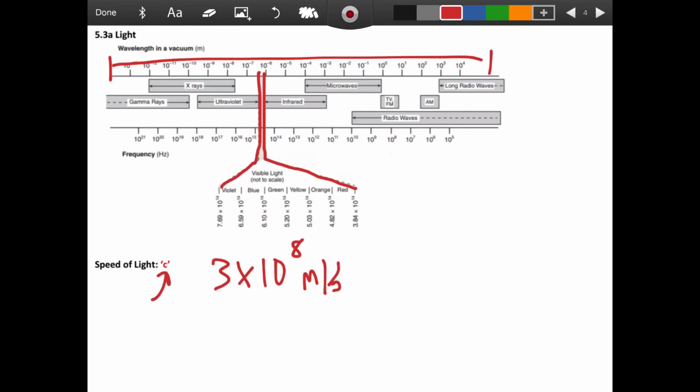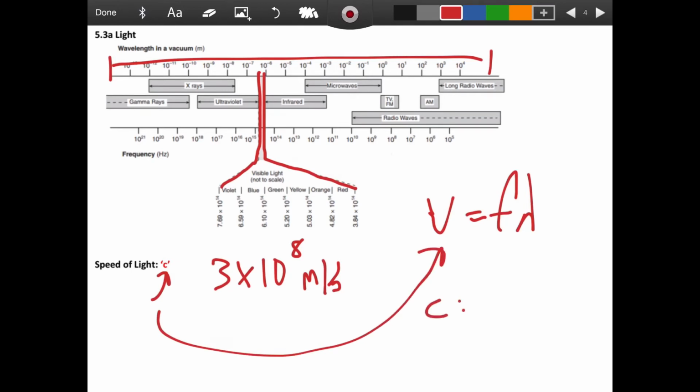And if they're ever talking about the frequency of a particular light and we want to know its wavelength, well, we can do that knowing the formula for the speed of a wave, which we did a couple weeks ago. And that's frequency, f, times lambda, or wavelength. But now, since we're talking about light, wherever we see velocity, we can plug in this c.